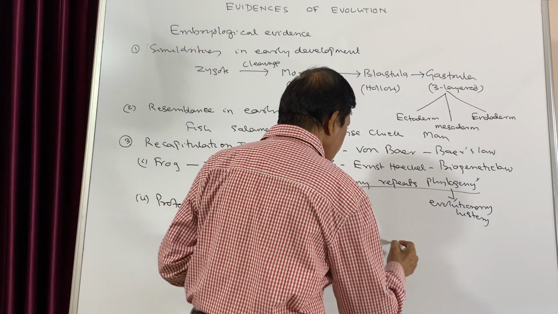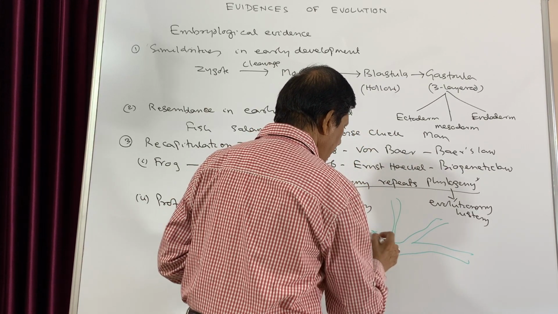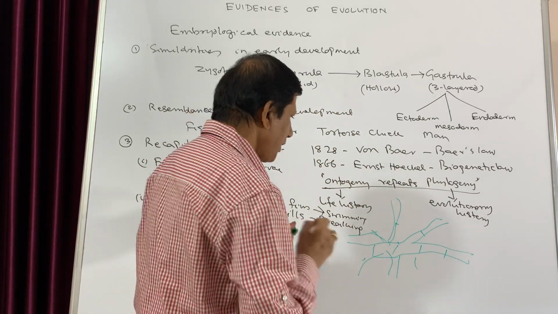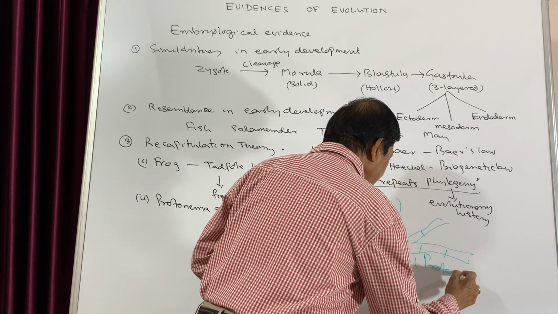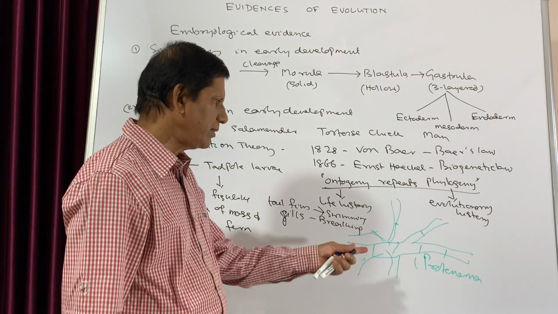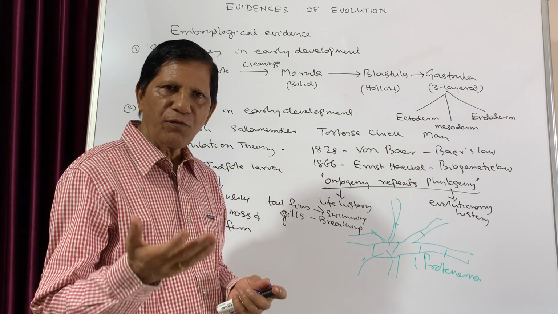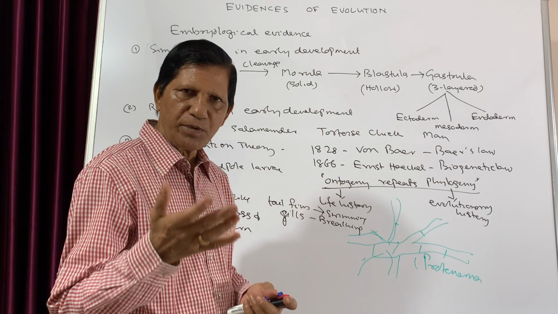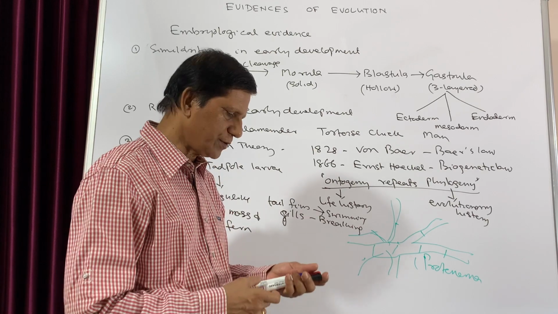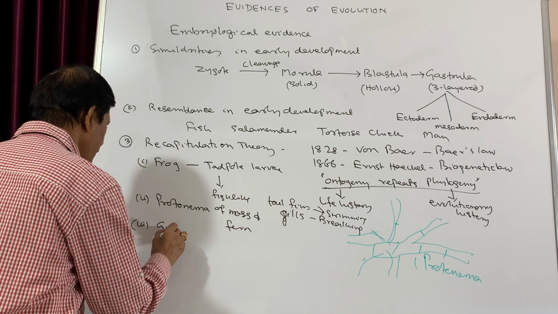It gives a structure like this, a branched structure. This is known as protonema, and this is the early stage of development in moss and fern, but it is similar to a filamentous alga. That means the bryophytes, the mosses, and some of the ferns have evolved from aquatic algae. That is one of the examples. Another example we can also give is from the gymnosperms.